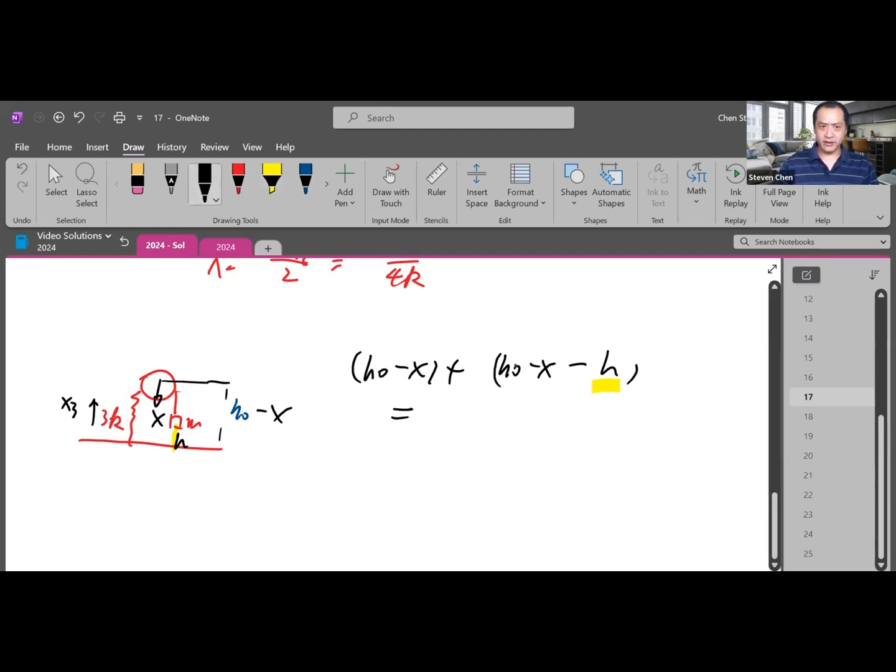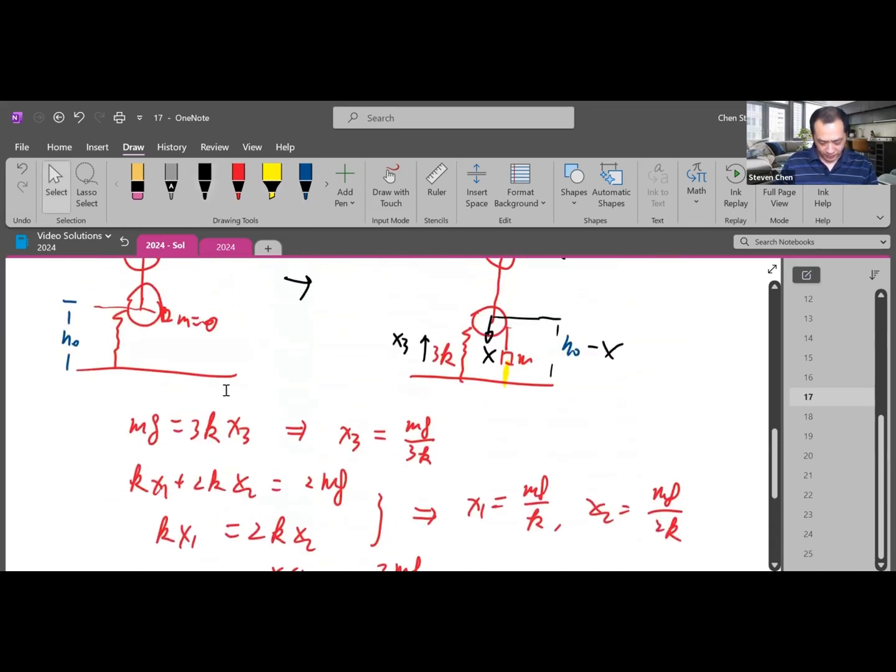So what's the total length? Recall that in the original system, both halves had height h naught. So for the total length, suppose we ignore the half perimeter of the pulley because the rope actually lies on the upper half of the pulley. Let's just ignore that. So this sums up the length on the left part and the right part. The right part is 0, right?